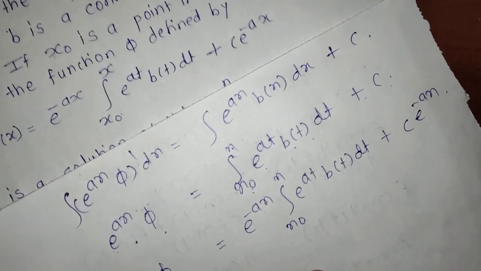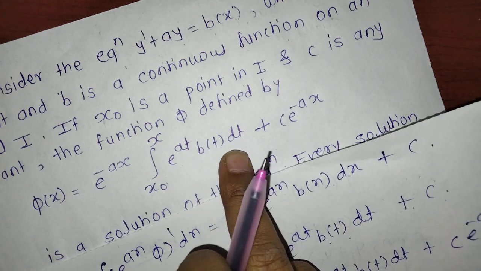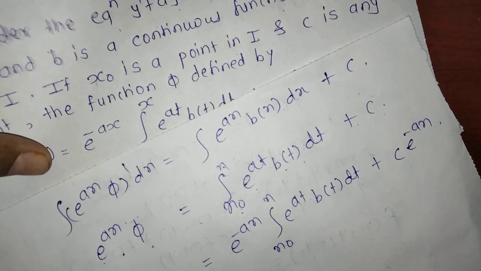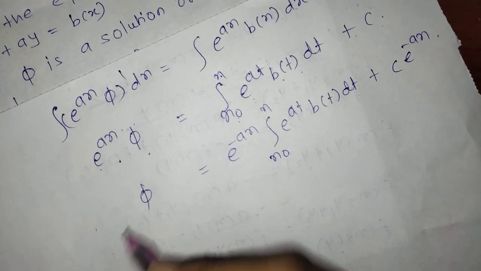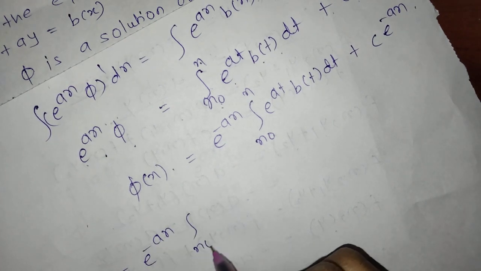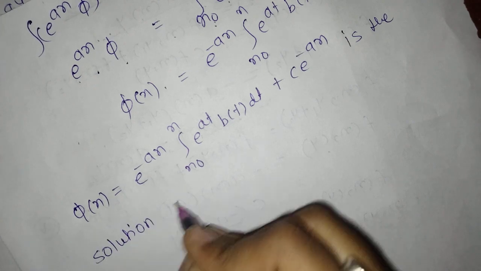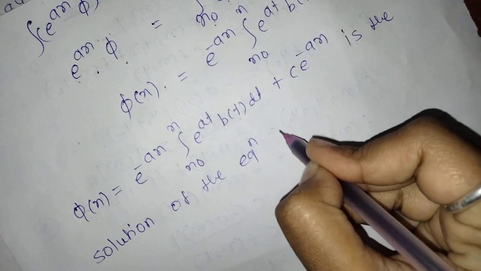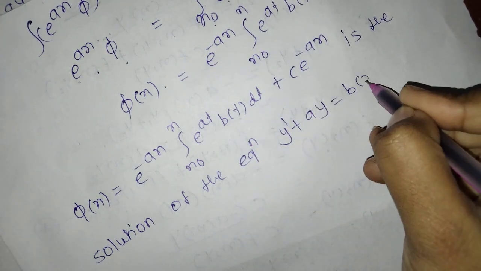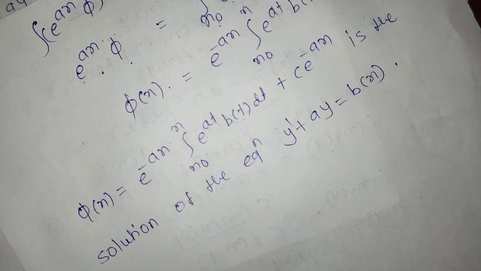Now you can see that φ(x) is equal to e^(-x) integration x0 to x e^(at) b(t) dt plus c e^(-x), and here we found that φ(x) is equal to this, which means φ(x) is the solution of the equation y' + ay = b(x), and every solution of this type of equation has this form.